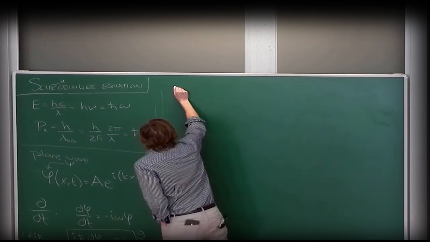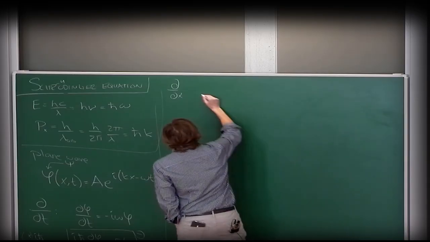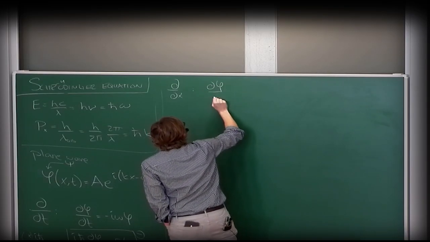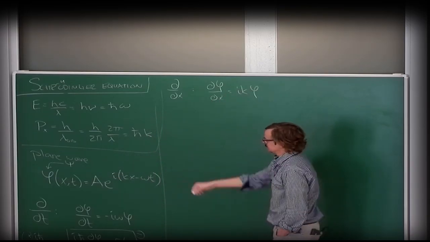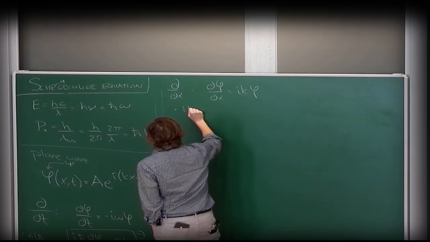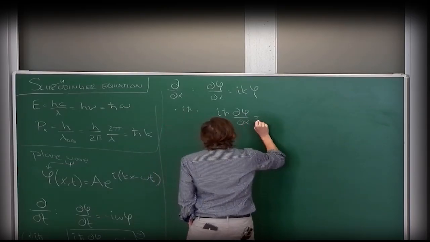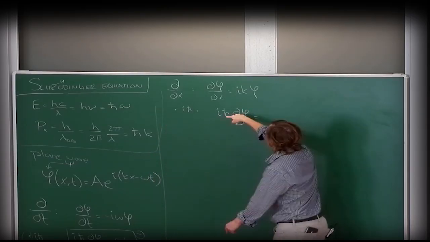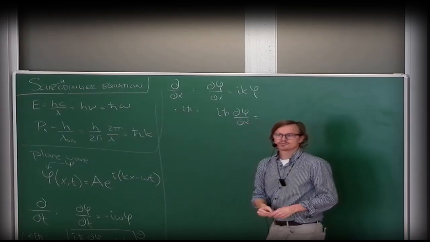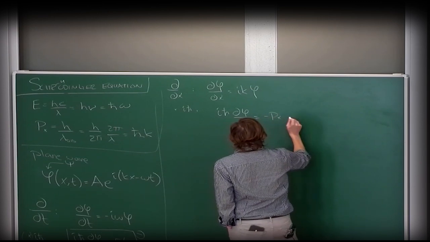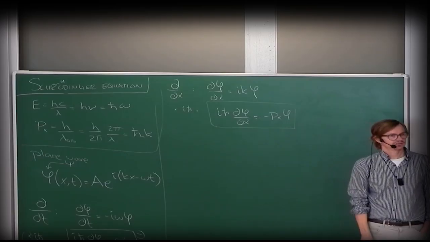So then we're going to play around a little more. We're going to take the spatial derivative. Well, that just works out the same, right? The d phi dx is just going to be, now it's ik that comes out, okay? Let's do the same. Multiply it by i h bar. So that's i h bar d phi dx. And on this side now, well, we get a minus sign. And then we have h bar k, right? But h bar k is just the momentum. So that's just minus px phi in this wave picture, all right?